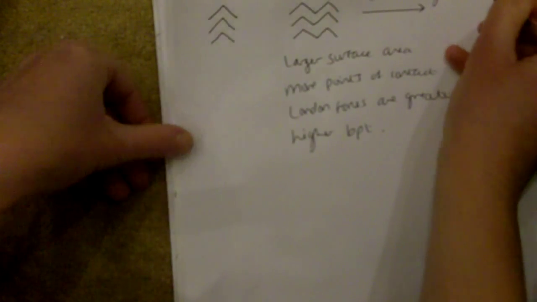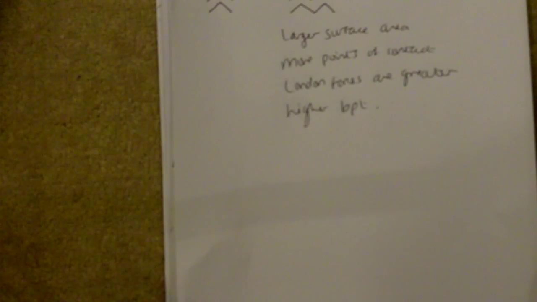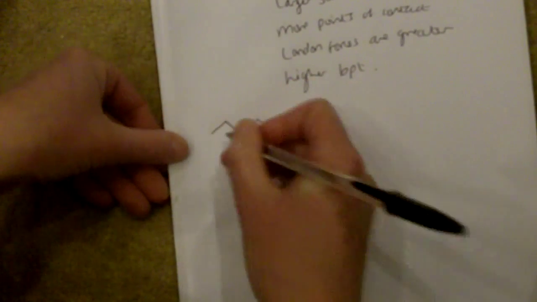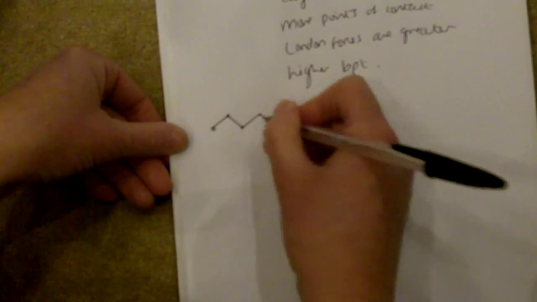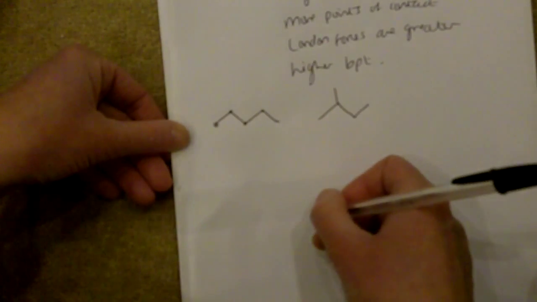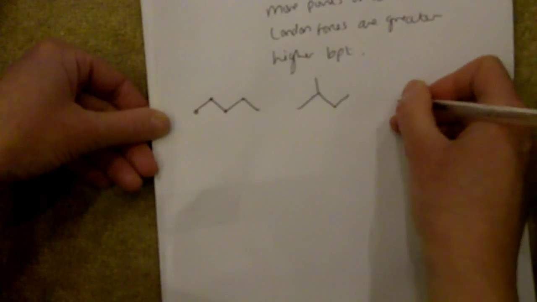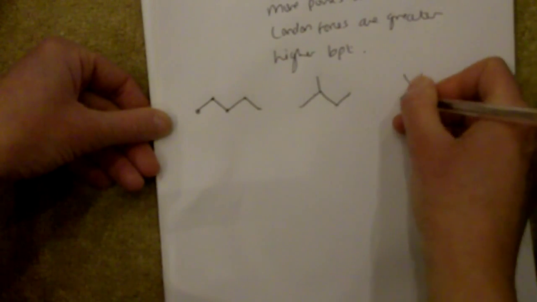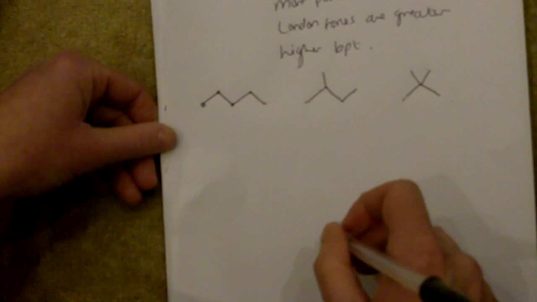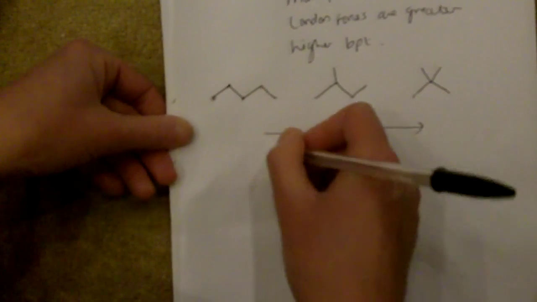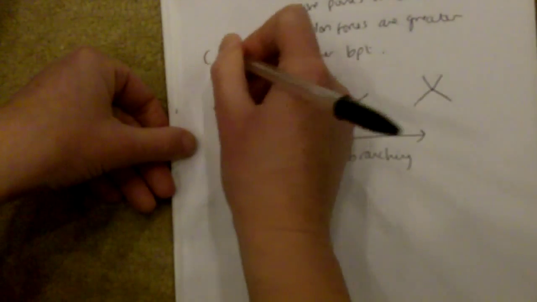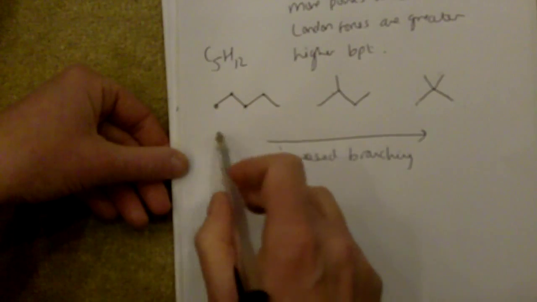Now let's look at branching. If you take pentane again, and you compare it with 2-methylbutane, again 5 carbons, or with 2,2-dimethylpropane, they are all isomers, all C5H12, but with increased branching.